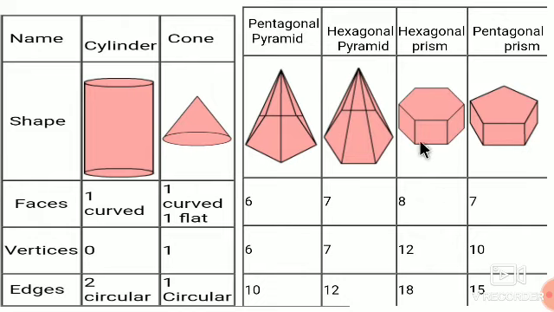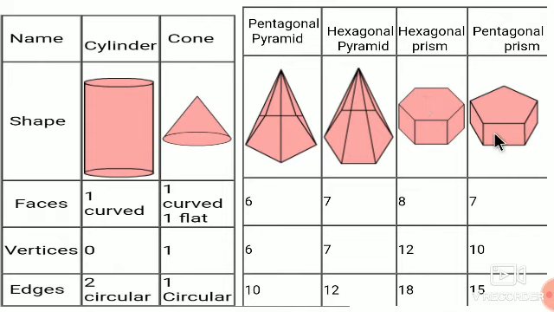Now the same vertices, top hexagon has the 6 vertices, bottom hexagon has the 6 vertices. 6 plus 6, 12. And the edges, as the shape is hexagonal, the top has the 6 edges, bottom has the 6 edges, and the 6 heights are there. 6 plus 6 plus 6, 18 edges.